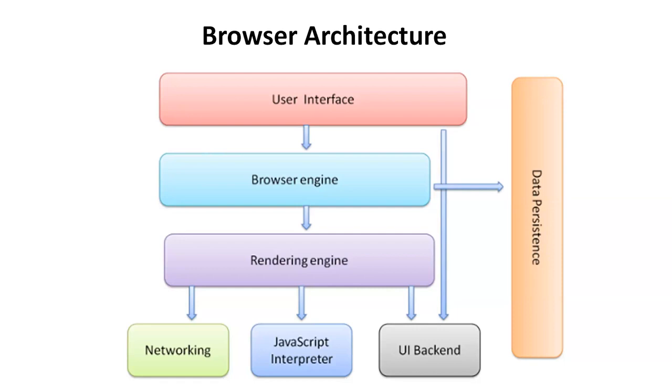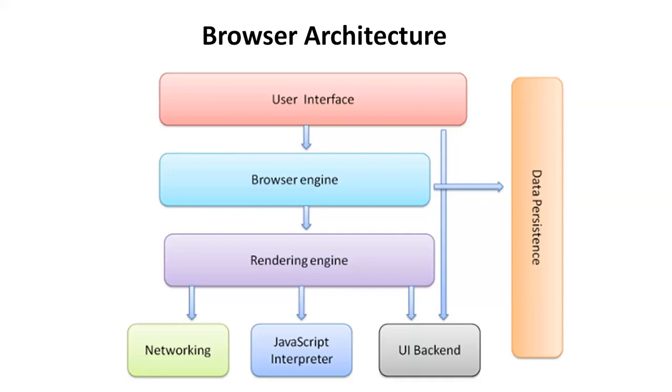You know, browsers have some extensions. The browser contains shortcut buttons like previous, next, back. It contains favorites. All this comes under what? UI. So every browser contains a user interface.